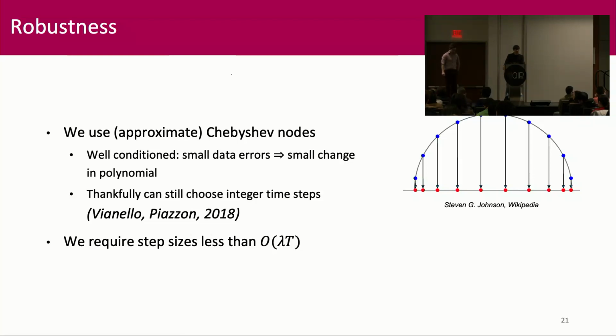And so what we're able to do is take approximate Chebyshev nodes, which are reciprocal integers corresponding to normal Trotter product formula evolutions. And using this mathematical result from 2018 by Vianello and Piazzon, we are able to show that this has minimal impact on the well conditioning.